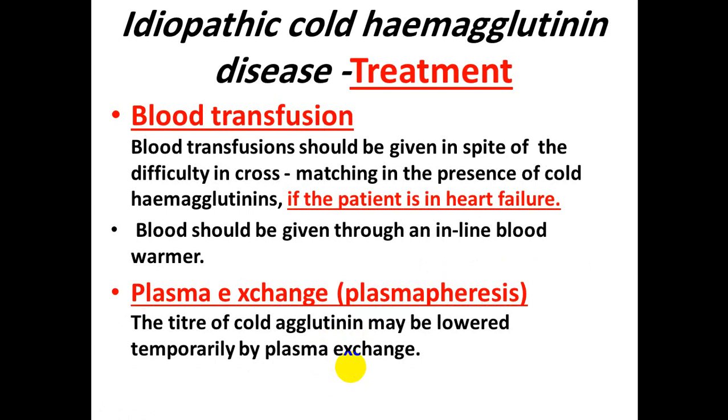Blood transfusion is difficult in patients with autoimmune hemolytic anemia. So blood transfusions should be given, in spite of the difficulty in cross-matching in the presence of cold hemagglutinins, only if the patient is in heart failure or has severe symptoms of anemia, such as dyspnea, orthopnea, tachypnea.